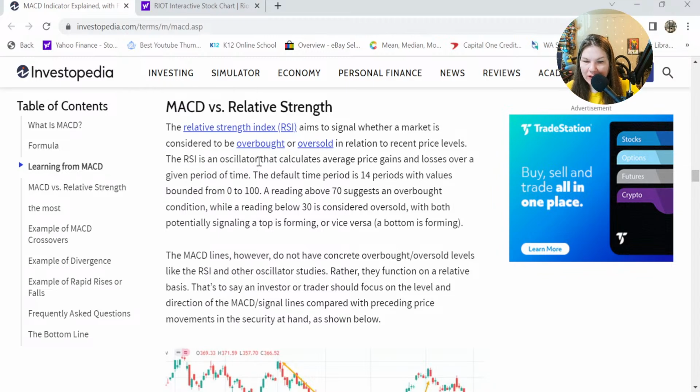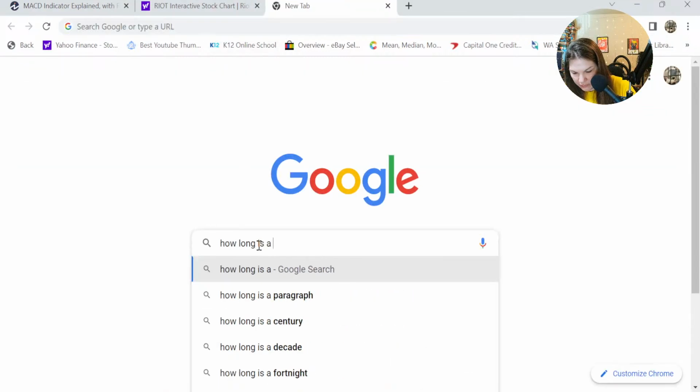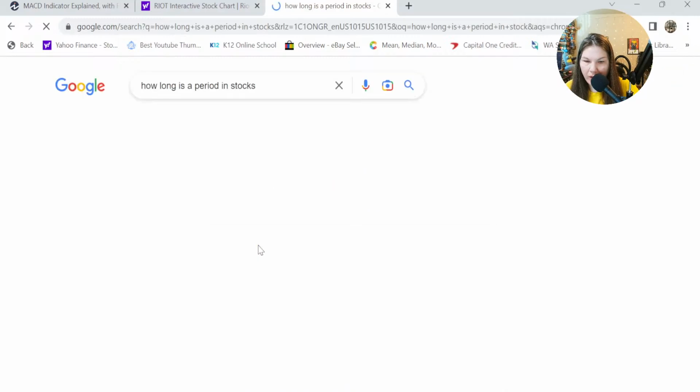So, the RSI is an oscillator that calculates average price gains and losses over a given period of time. The default time period is 14 periods. How long is a period? We might get a weird answer to this, but we're going to do it in stocks.